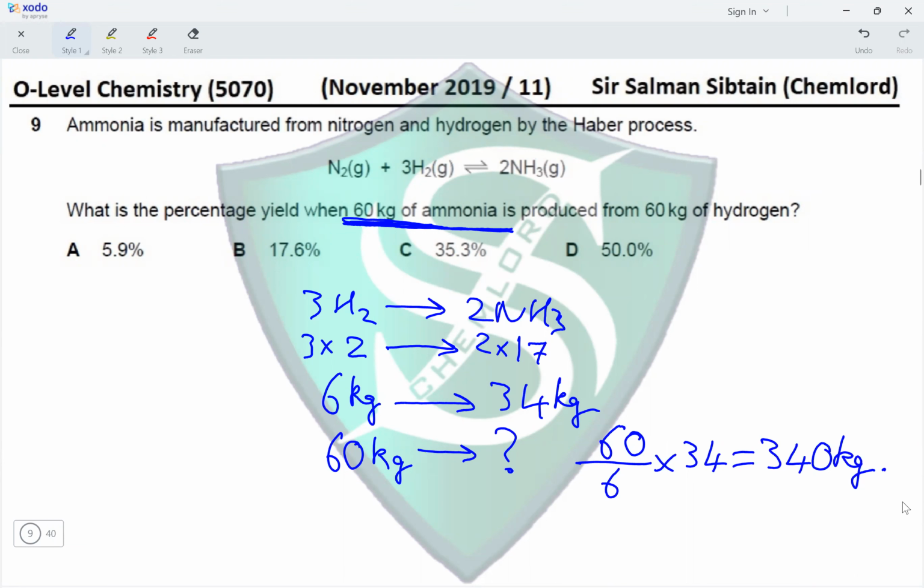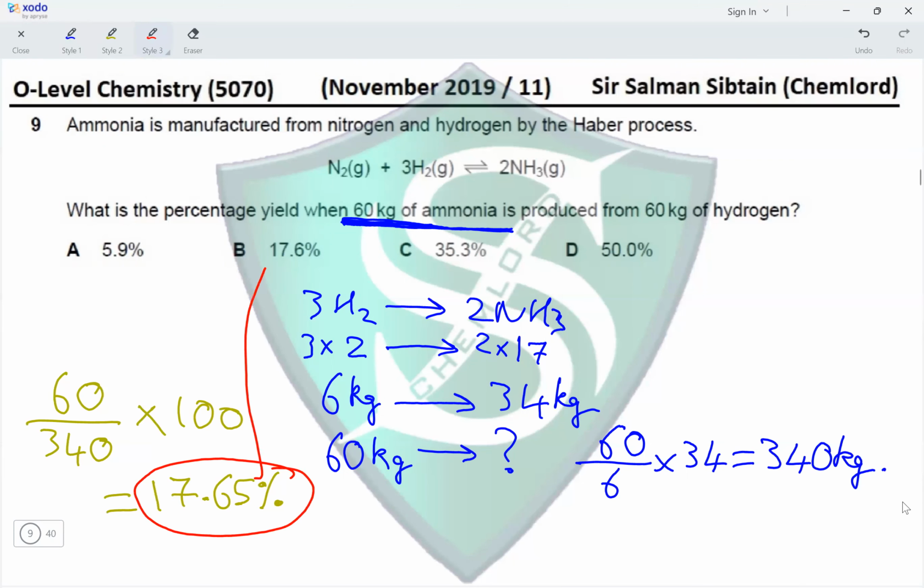So out of 340, 60 kg of ammonia is produced. That means 60 upon 340 is the ratio of production of ammonia. And if you multiply this value by 100, we would get the percentage yield. So the percentage yield is worked out to be 17.65%. So this makes option B the correct option for this question.